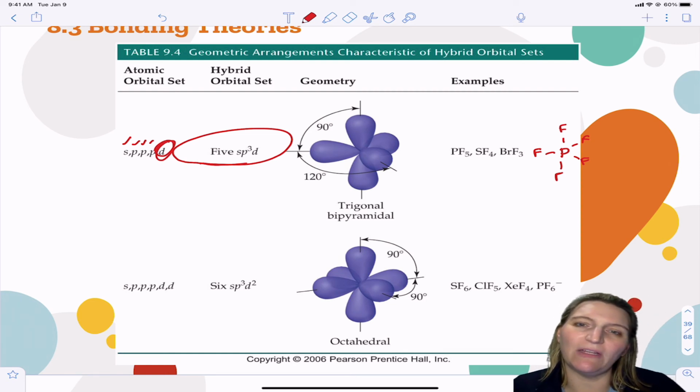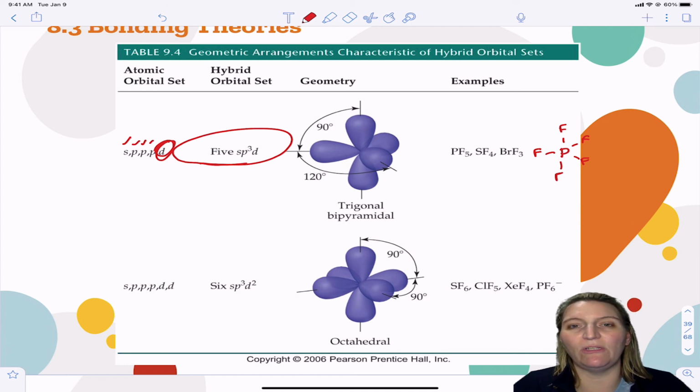Remember we said expanded octets can only happen when the central atom is in the 3rd energy level or greater, and that is because the 3rd energy level is when we start to have d orbitals. So the hybridization for anything with 5 electron domains is sp3d.